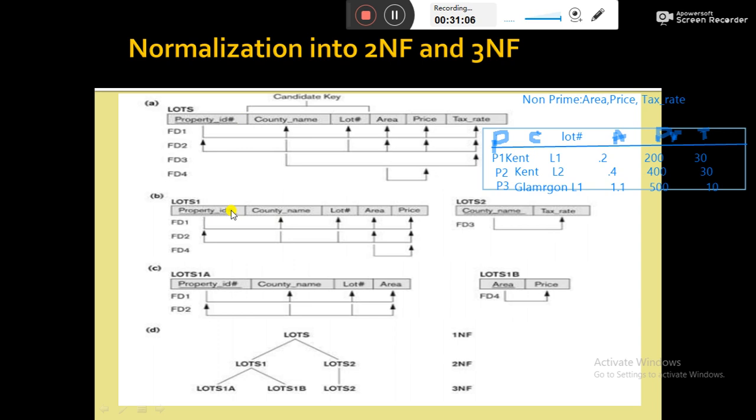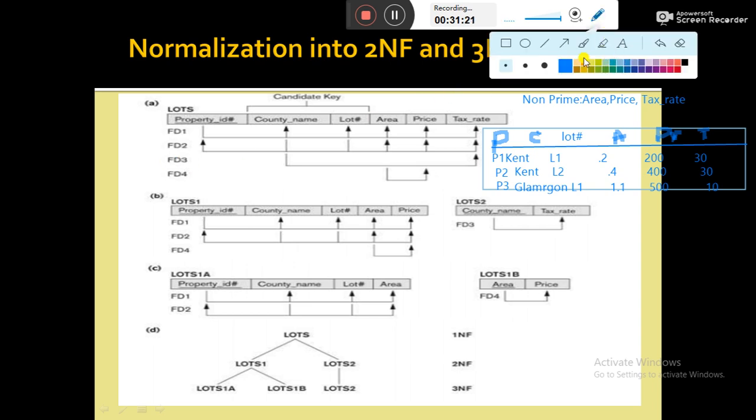So what we can say is that lots was the original relation, and it was in 1NF. Then we checked whether lots is in 2NF or not. We checked that due to FD3. Let me mark it.